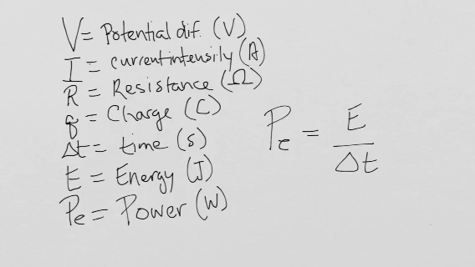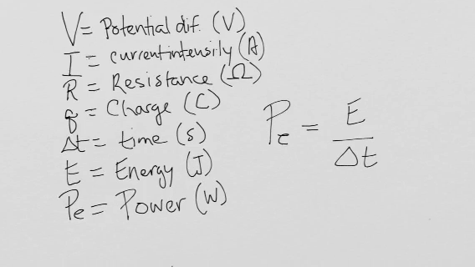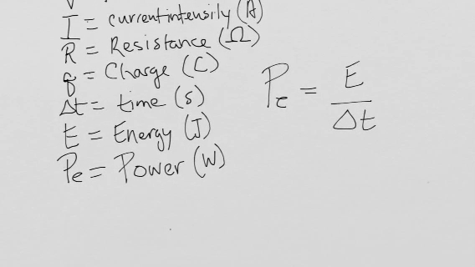But here's the cool thing about electrical power: it can also be represented by its relationship with potential difference and current intensity. So you can also calculate in watts the amount of power that a device has if you know its current intensity and its potential difference.